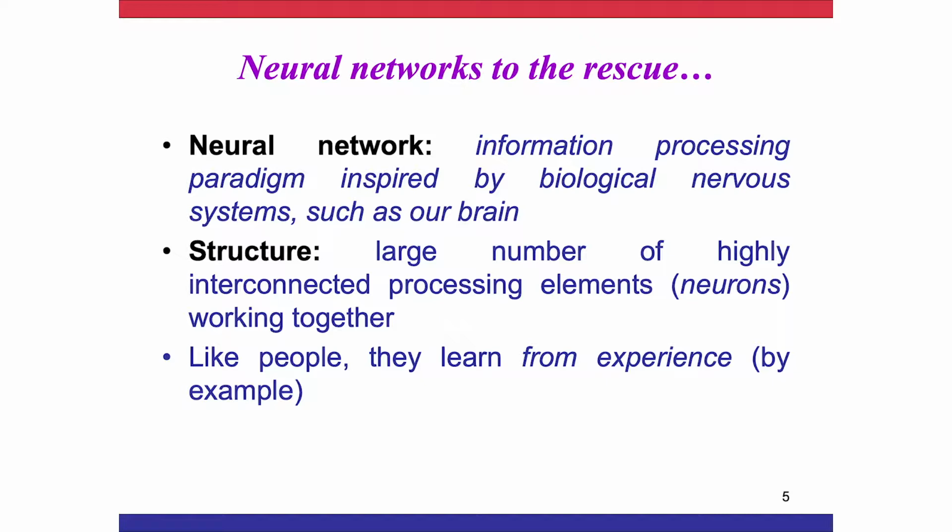It is also a structure composed of a number of interconnected processing elements commonly known as neurons, and they learn, or gain experience, through some training process by which they can work very accurately and efficiently.